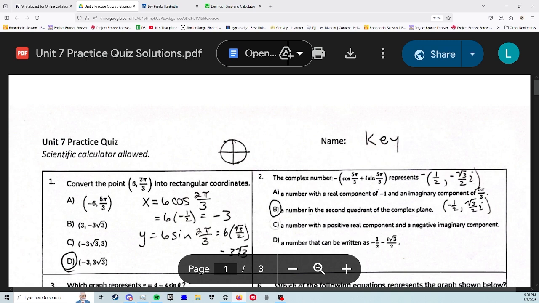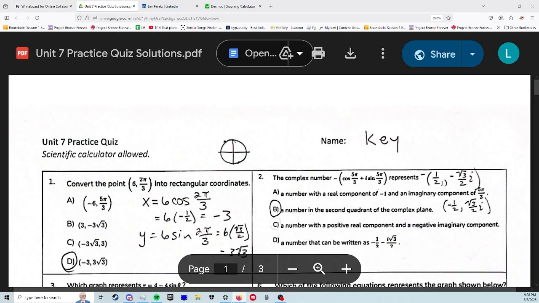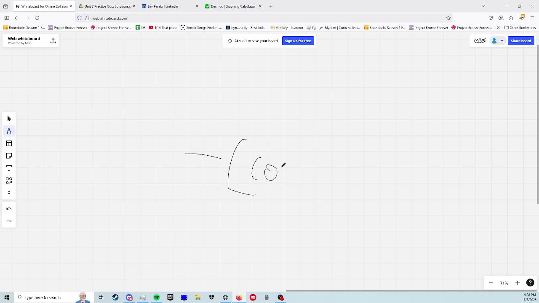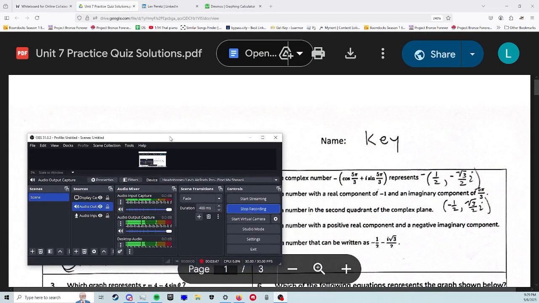The complex number negative 1/2, cosine 5 pi over 3 plus i sine 5 pi over 3, represents... Okay, let's hide the answers.